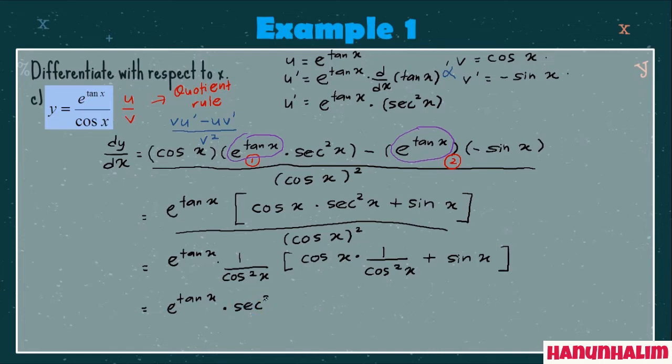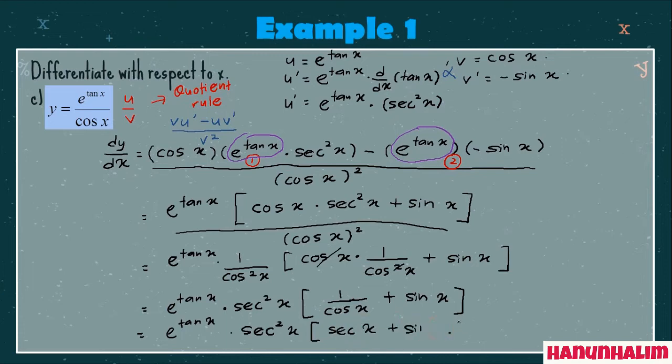So sebab ada squared, so kita ada secant squared x. Okay, cos x darab dengan 1 per cos squared. So cos x, yang ni ada cos squared, so dia akan tinggal 1 per cos x plus sin x. Okay, lepas tu 1 over cos ni kita boleh simplify lagi. E tangent x darab dengan secant squared x bracket 1 over cos, secant x plus sin x.